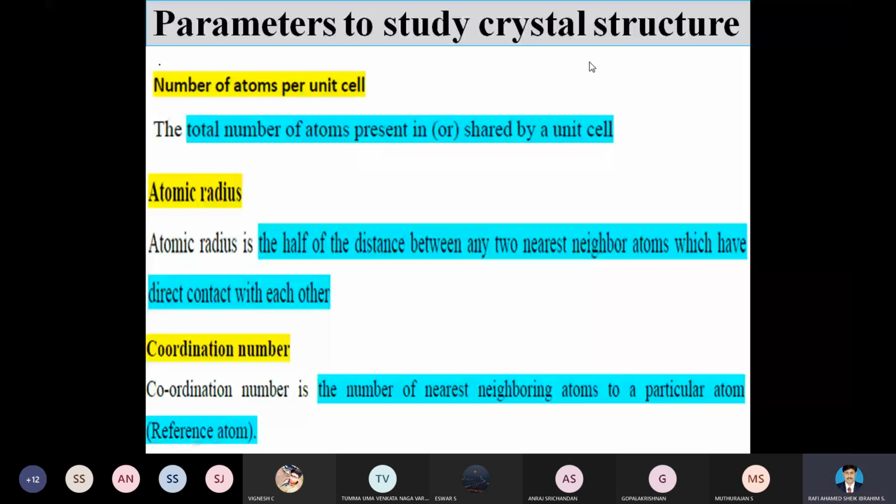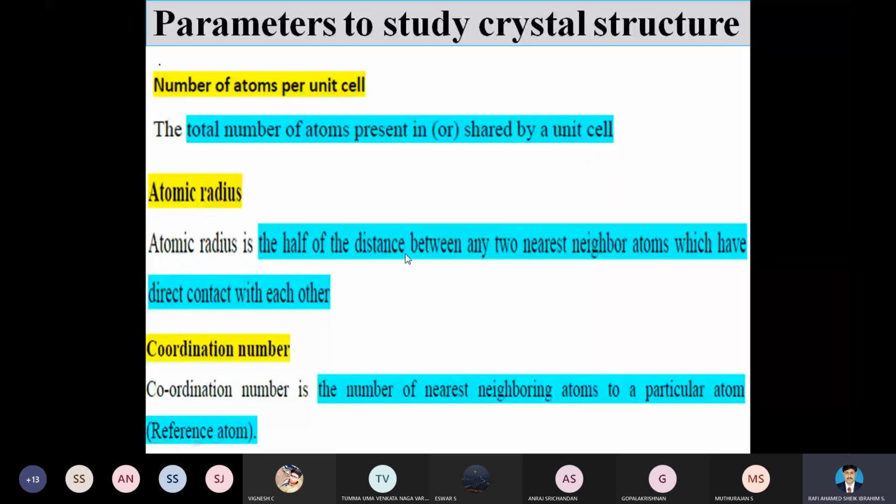If we consider the corner atom alone, we have to know how this corner atom is contributed, how it is shared with the other unit cells. So it is called sharing. Therefore, the total number of atoms per unit cell is defined as the number of atoms present in or shared by the unit cell.